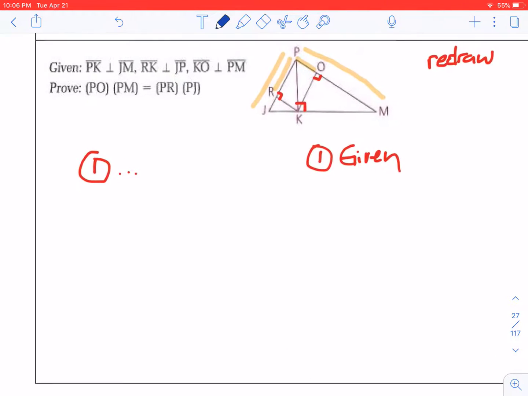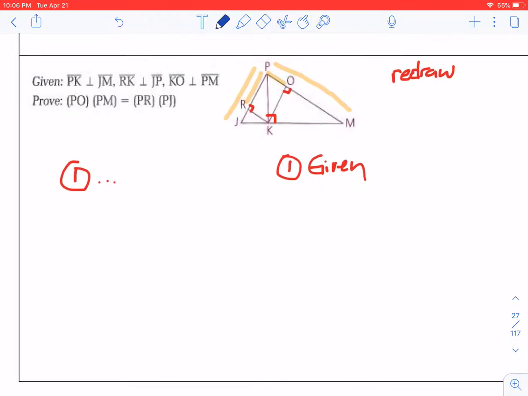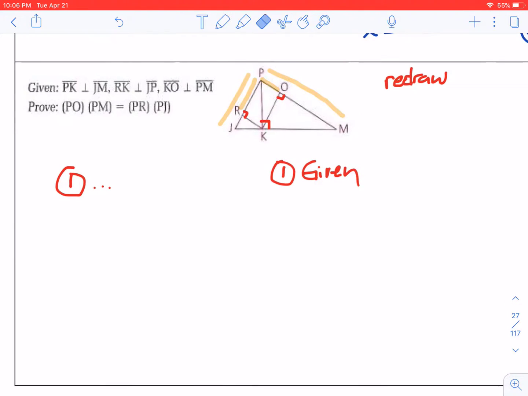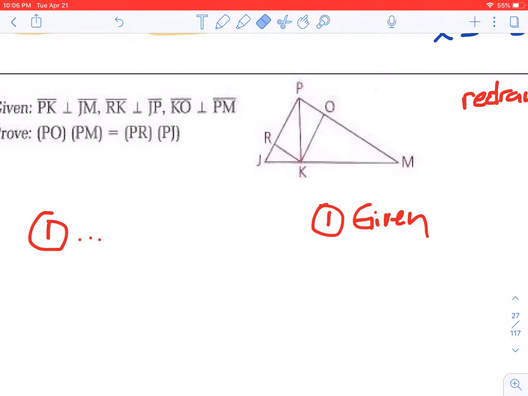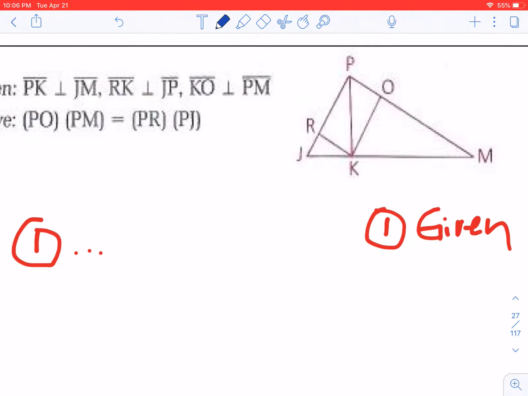And by little, it isn't going to be too bad here. I'm going to erase my markings here and just show you what you should probably do anytime you do a proof. Mark. So we know those two are perpendicular. We know those two are perpendicular.